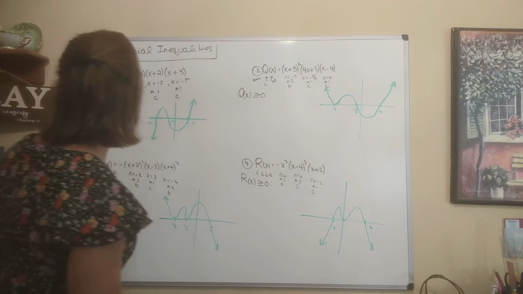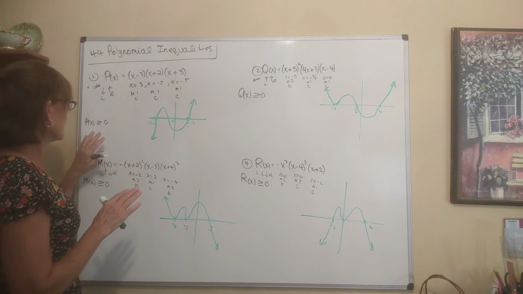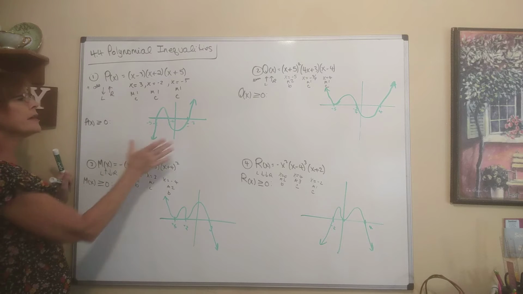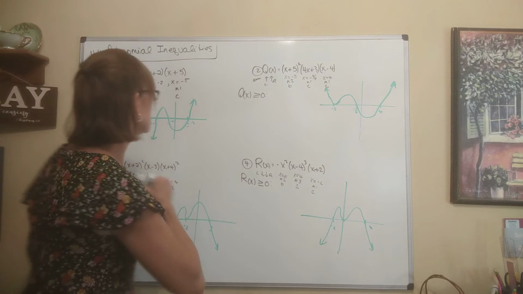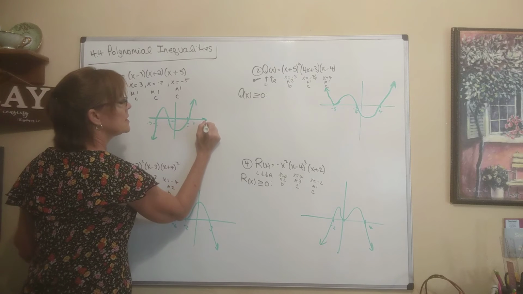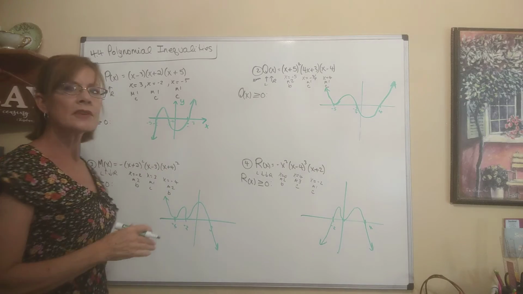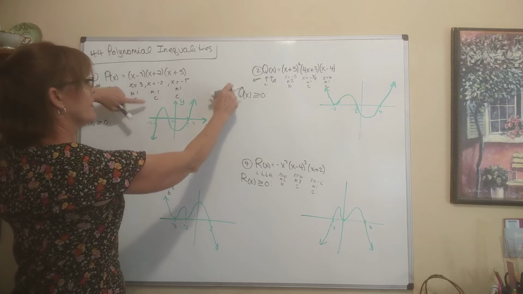So, let's go through. The first thing I want us to do, we're going to do this for all of them. Let's start with greater than or equal to 0. Where is this picture greater than or equal to 0? I'm going to do this one in a lot of detail just to make sure everybody understands. This is X and this is Y. A graph is positive or greater than 0 when it is above the x-axis.